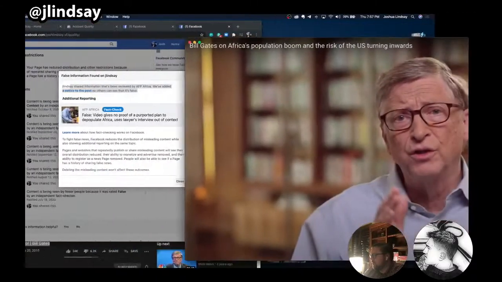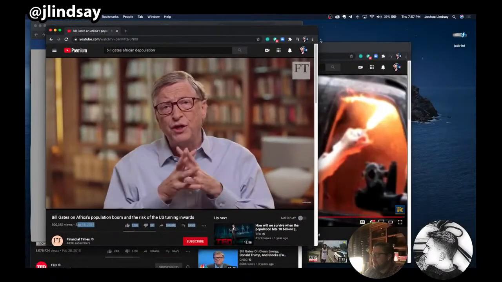Bill, are we at a turning point where regression is a real risk? Well, first, the progress over the last several decades has been pretty amazing, both reducing childhood death, getting kids in school, getting agricultural productivity up, and reducing extreme poverty.